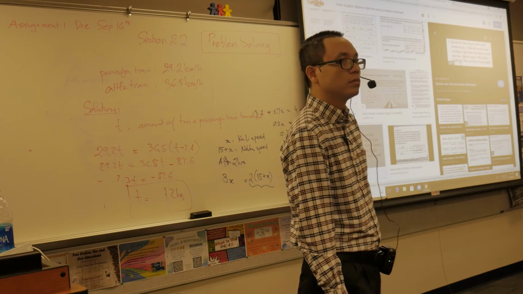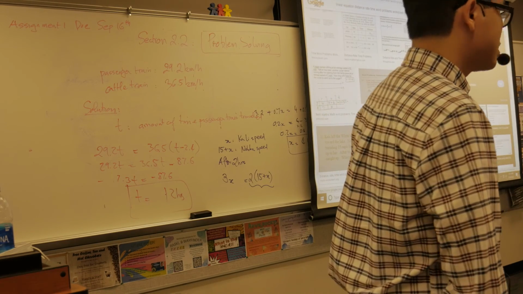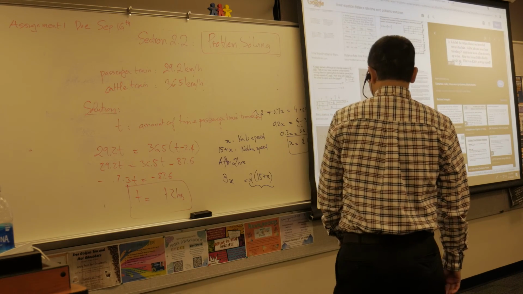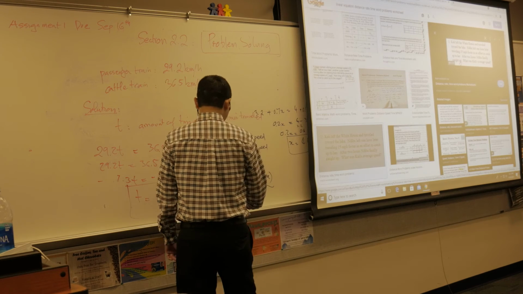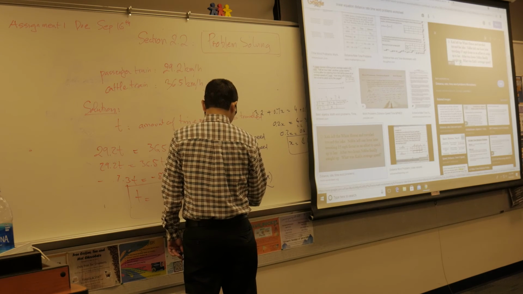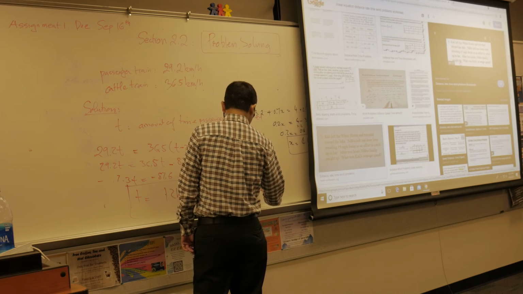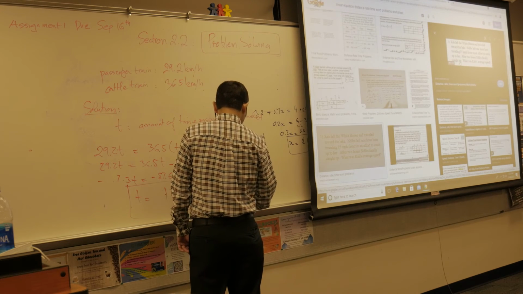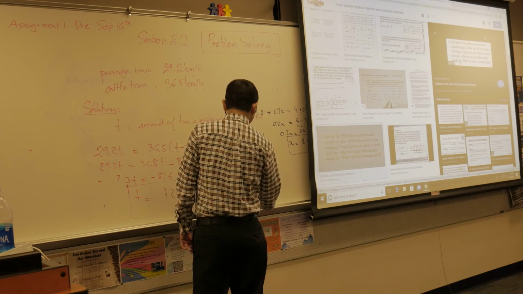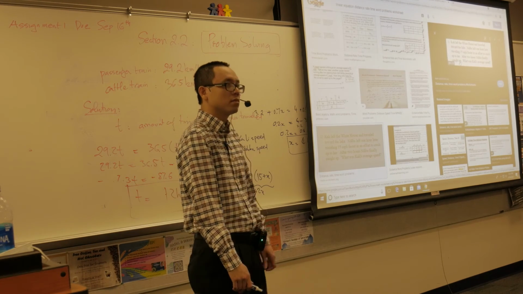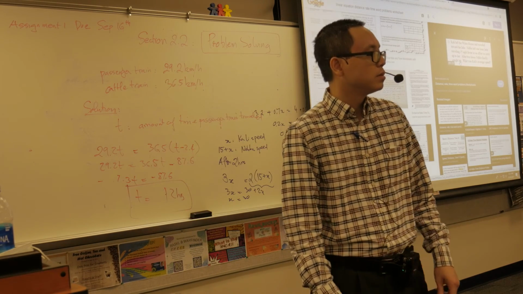It makes more sense with 3 than 1. So from here I have 3x equal 30 plus 2x. So x equal 30. Yeah, that makes sense. 30 miles per hour.